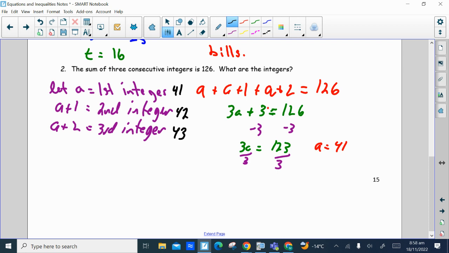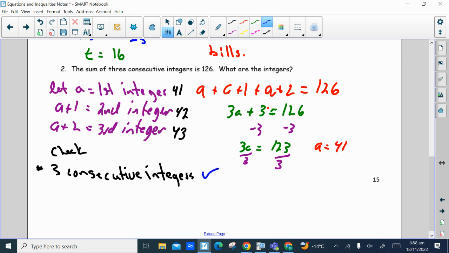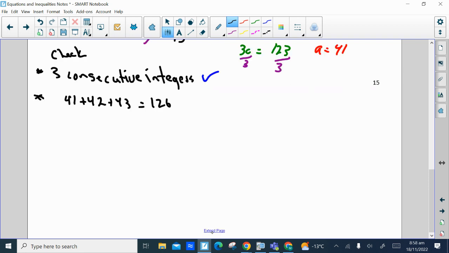Now, they are consecutive. That's the first thing. Okay, so if we're going to do our check here, the first thing is that they have to be 3 consecutive integers, and they are. Consecutive means one after the other. So we'll put a check mark beside that. And the second thing is that their sum has to be 126. 41 plus 42 plus 43 must equal 126.